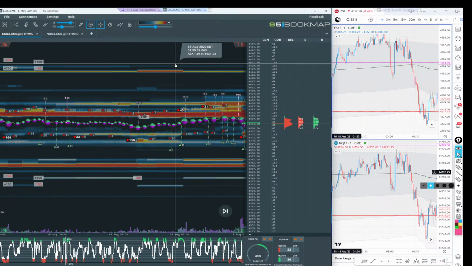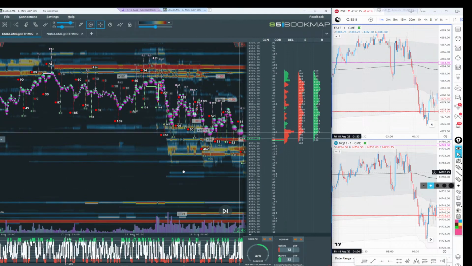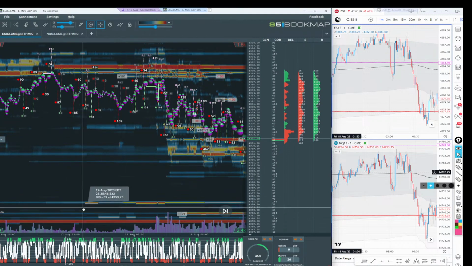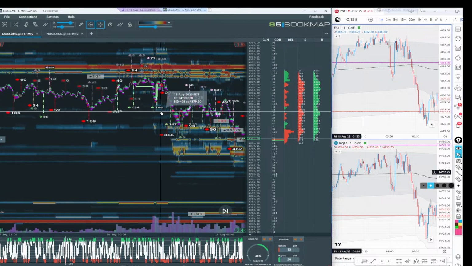But we had some liquidity resting up above at 4,425, and that was really the only other clue. Then some smallish liquidity below. So nothing greatly helping by way of resting liquidity from ES going into that open.